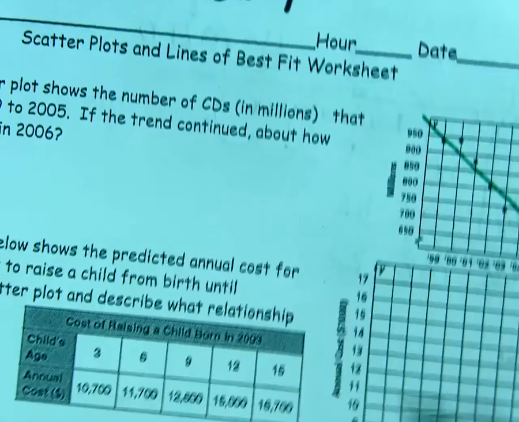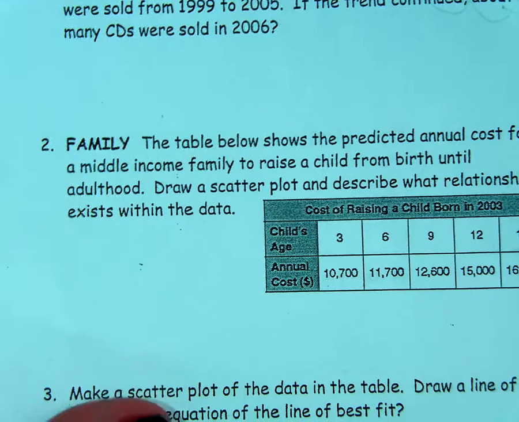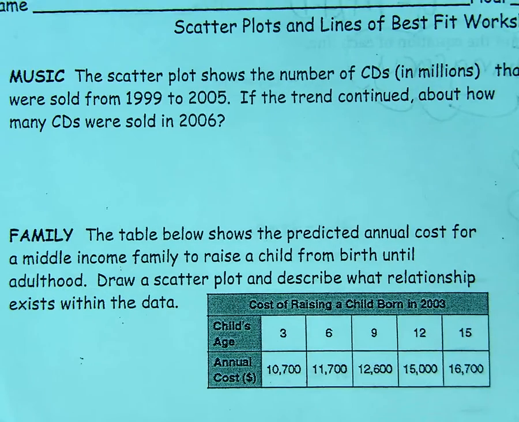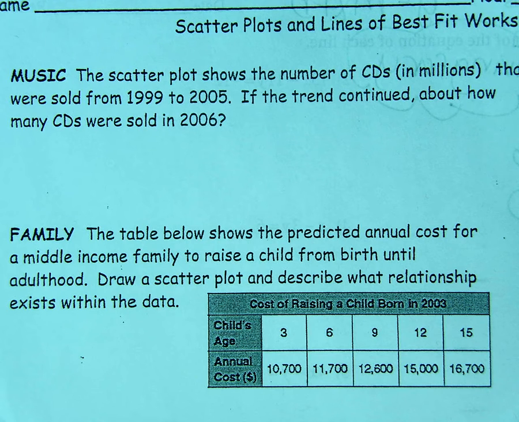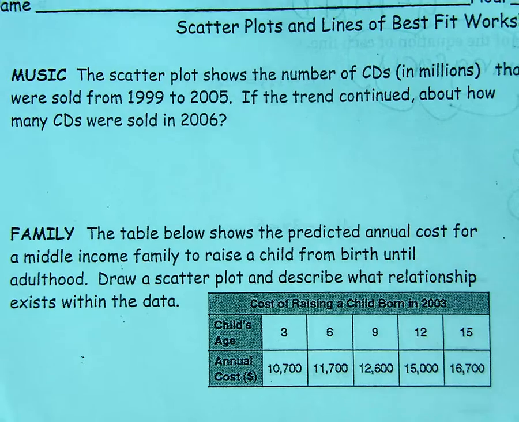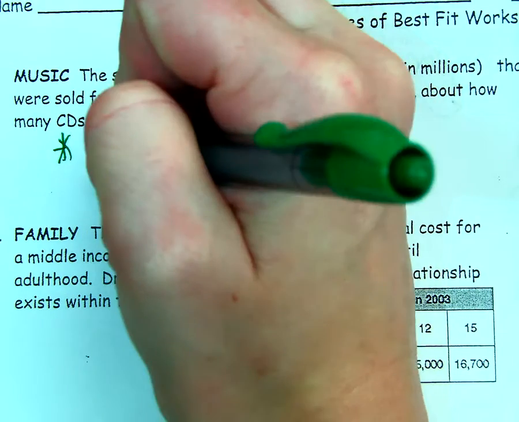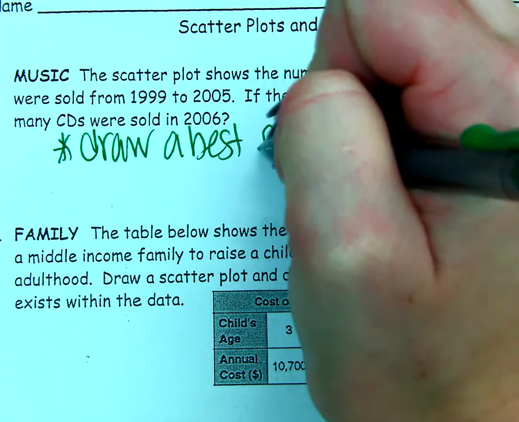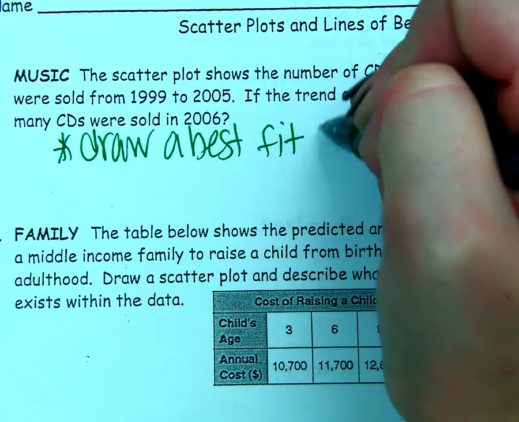So for this problem, the scatter plot shows the number of CDs in millions that were sold from 1999 to 2005. If the trend continues, about how many CDs were sold in 2006? First thing you need to do, draw a best fit line. Please make sure you are writing these notes down.